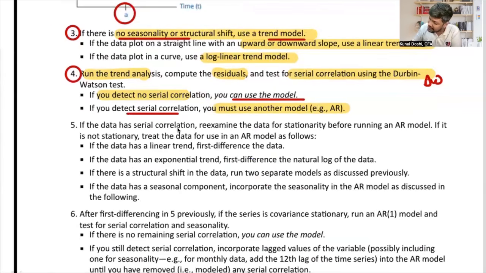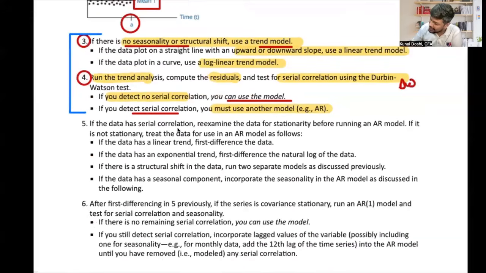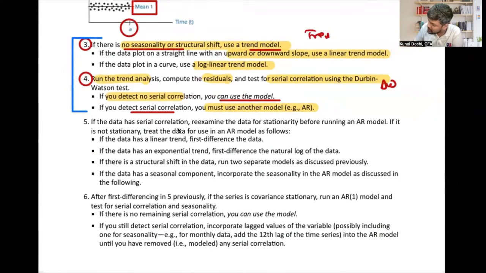So yes, the trend model, this is what they are talking about. Trend models, guys, I can use if there is no autocorrelation. Correct? But if there is autocorrelation, then I'll have to use the AR models.